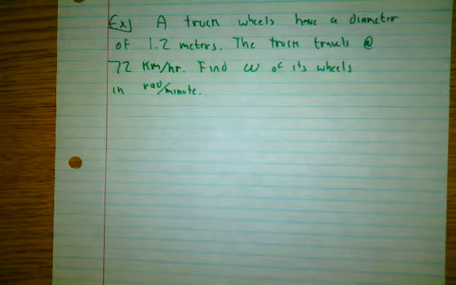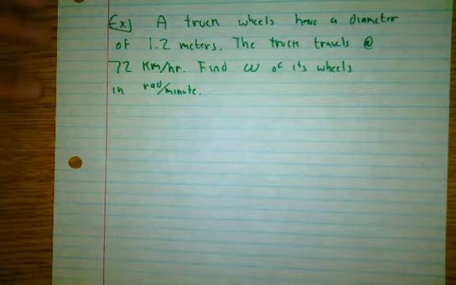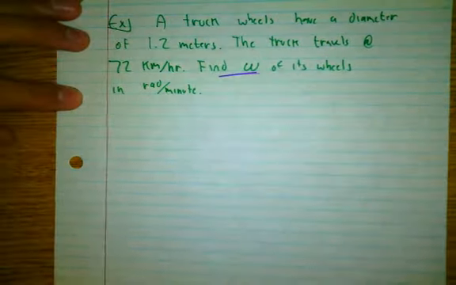Alright, here's my question to you guys. Remember the strategy that I told you to use? Always read the last question to know what you're finding. We're looking for what? I need to know what that is. So that means I need that formula. The formula for angular speed is what? Theta over time.